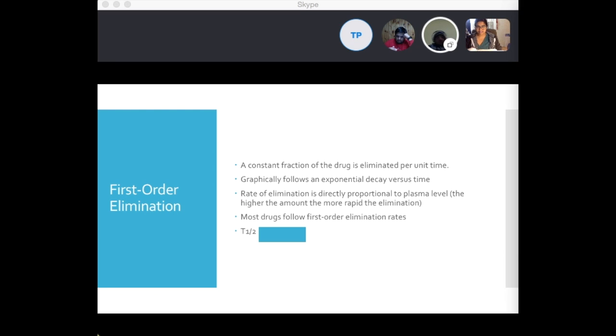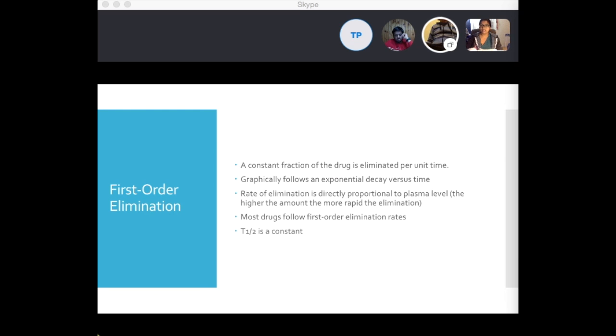Pretty much everything else, mostly, follows first order elimination rates. So what is the half-life like here? Constant. Yes. So constant for first order elimination and variable for zero order.